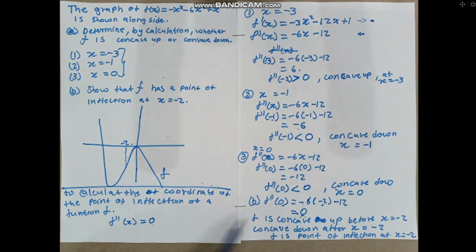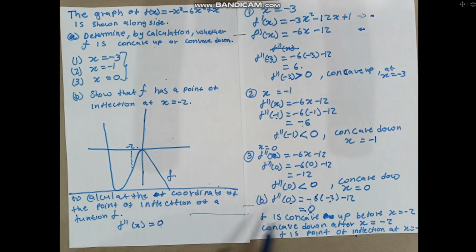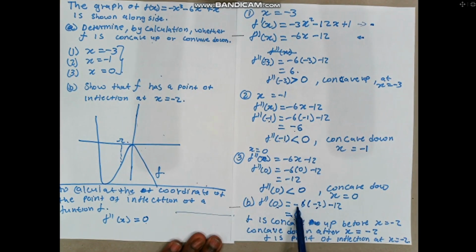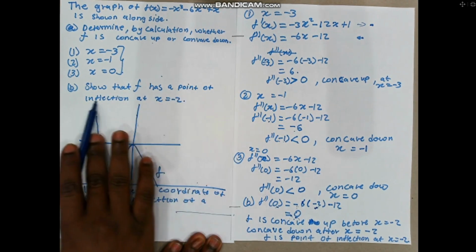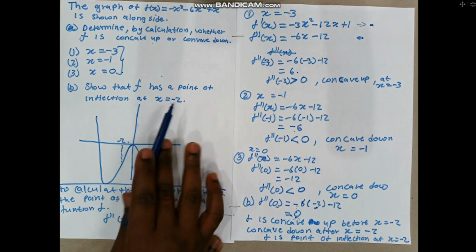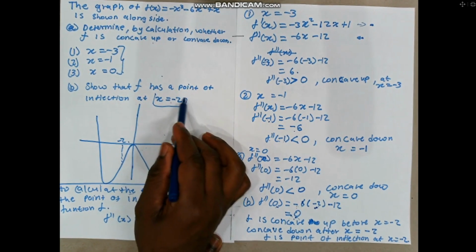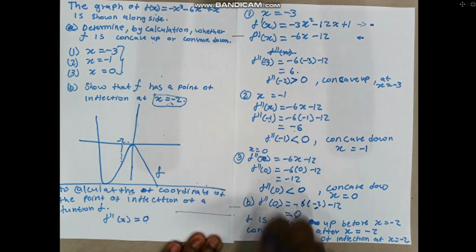This explains what we did here, where we substituted the -2 to show that it is a point of inflection, because the question said show that f has a point of inflection at x is equal to -2. We took this x of -2 and substituted it in our second derivative.